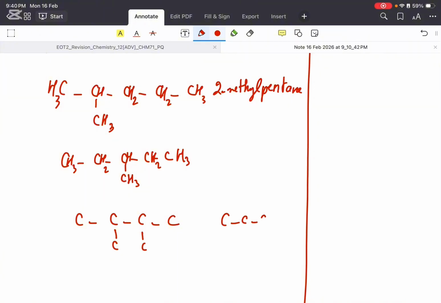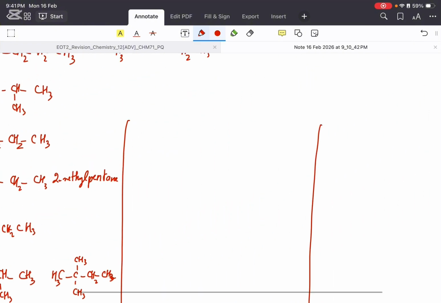Or let's do 4-carbon chains and have the branches on the same carbon. So all of these are possibilities. The more carbons they give you, the easier it gets, because you have more possibilities to think of and to draw.